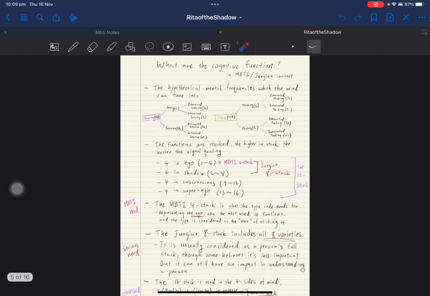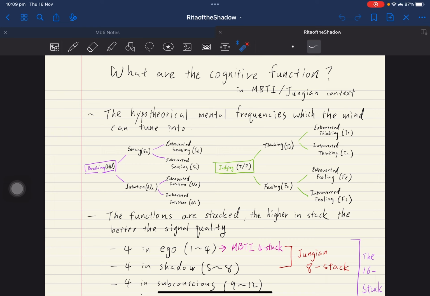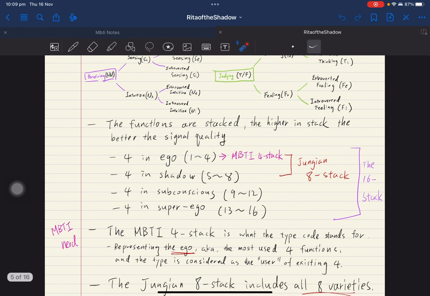And the cognitive functions also, first there's 2, and then it's separated, and then it's separated again, it keeps branching out and dividing, and then eventually we have the 8 cognitive functions.